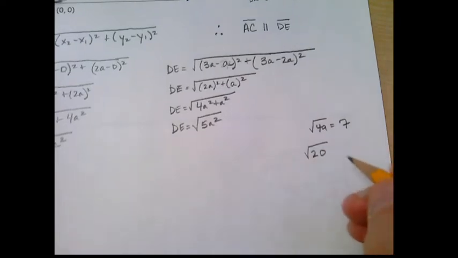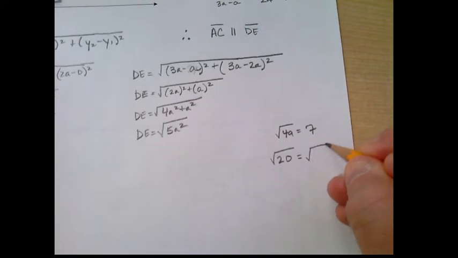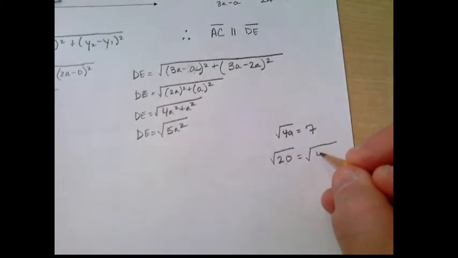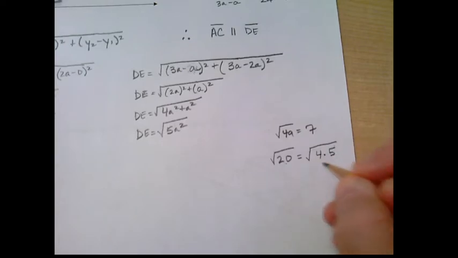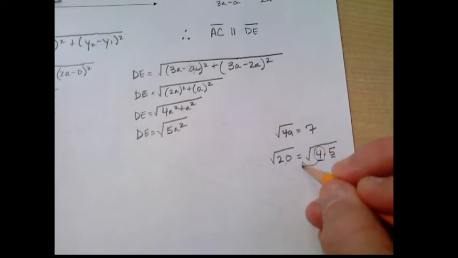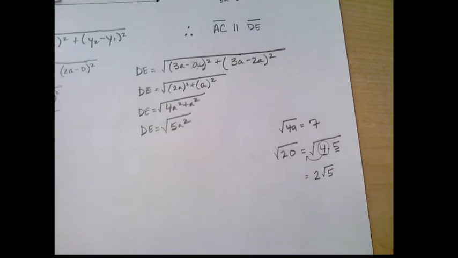Well, the square root of 20 is not a perfect square, so we have to simplify that radical expression. If I break it down into a perfect square and a non-perfect square, the square root of 4 comes out as just a 2. And so this expression right here is 2 square root 5.